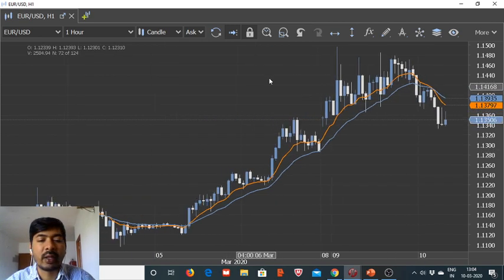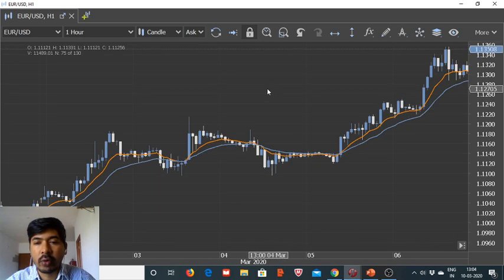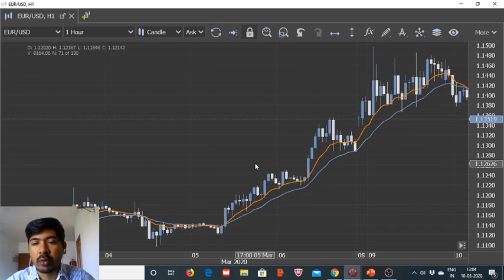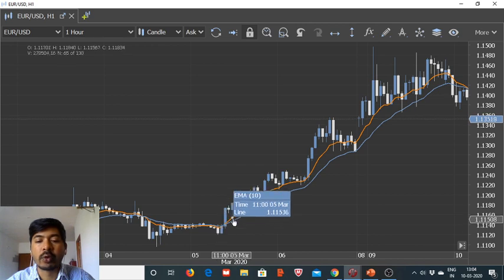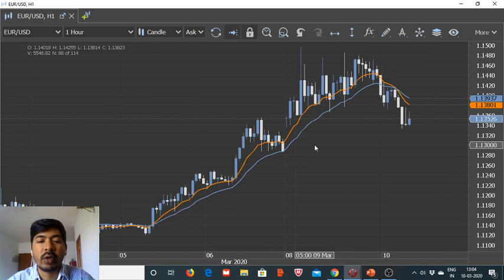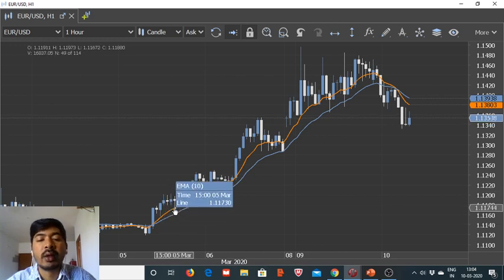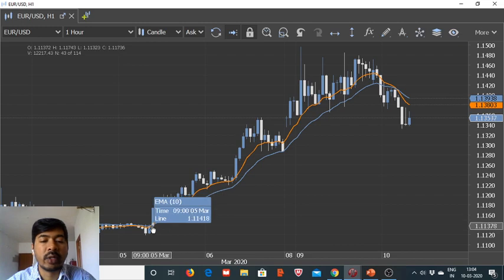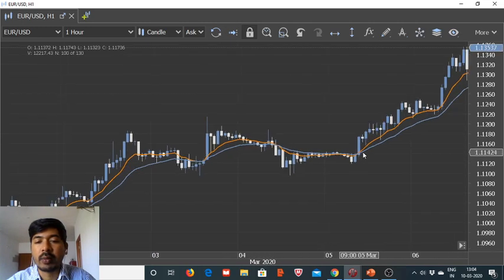So the underlying message is that when the crossover happens, here you can notice that this crossover happened from bearish to bullish, and then from there on it has rallied substantially higher. So if we were to target the trading entry anywhere here in the initial hours of this crossover, we would have made decent money.